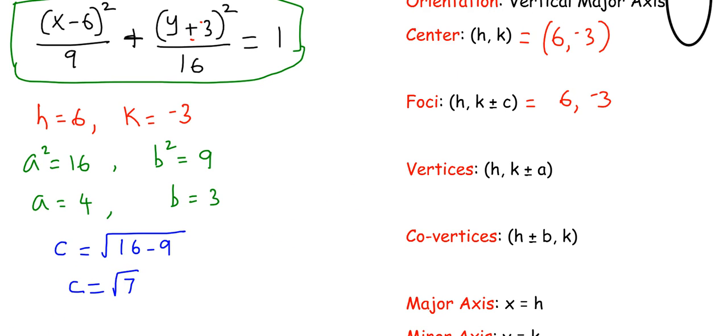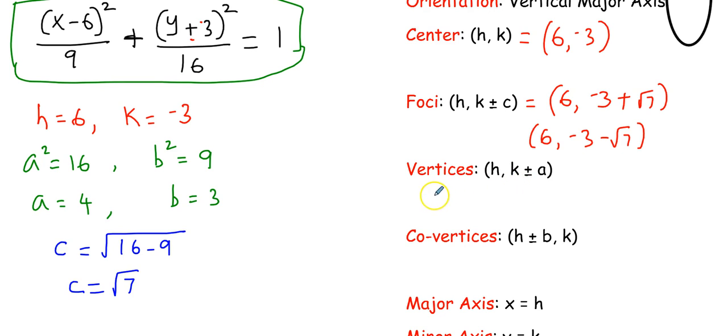So this c value I'll write here, (6, negative 3 plus square root of 7), that's one focus, and the other focus is (6, negative 3 minus square root of 7). Its approximate value also can be taken to locate that point.